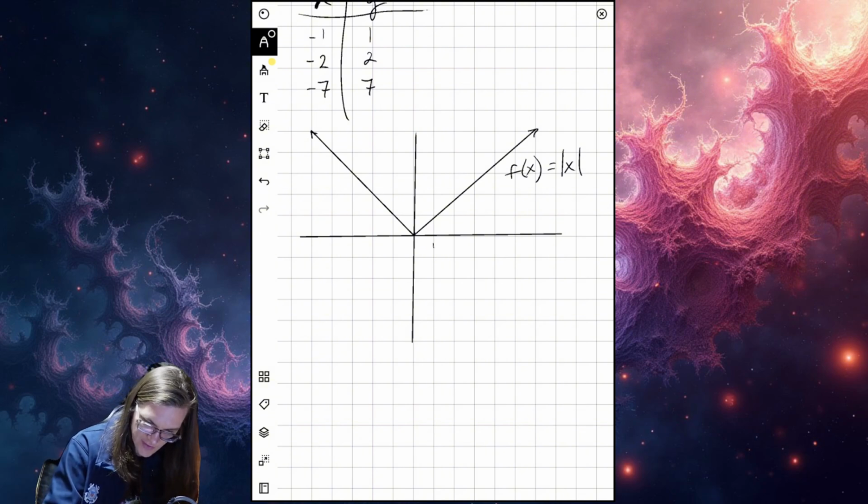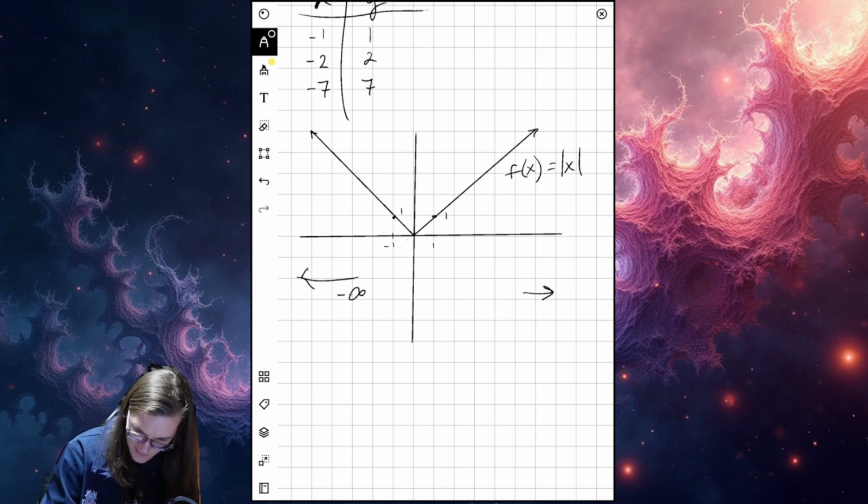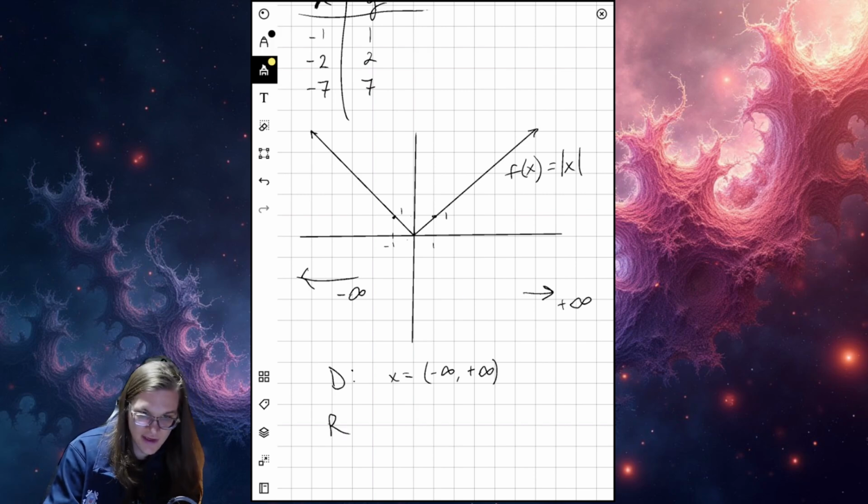Right? Because if you come here to x equals 1, then the y equals 1. If you come here to x equals -1, then the y equals 1. And so, once again, the domain is all real numbers. It goes to negative infinity, goes to positive infinity, in the x. So domain, the x is equal to all real numbers. The range, well, there's nothing down here.